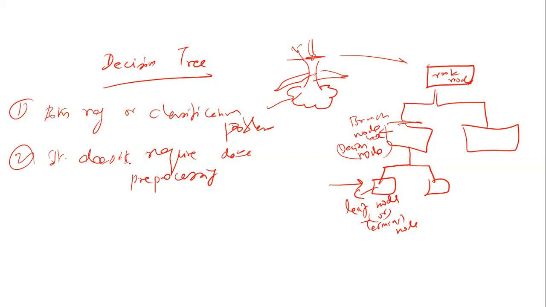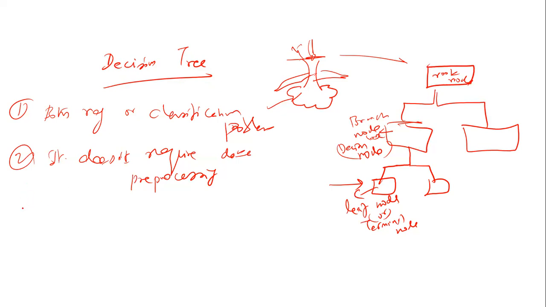But in the case of a decision tree, your input features need not be numerical. You can have a mix of both numerical and categorical. If you have a categorical column, it doesn't require any treatment. The decision tree can handle it automatically.